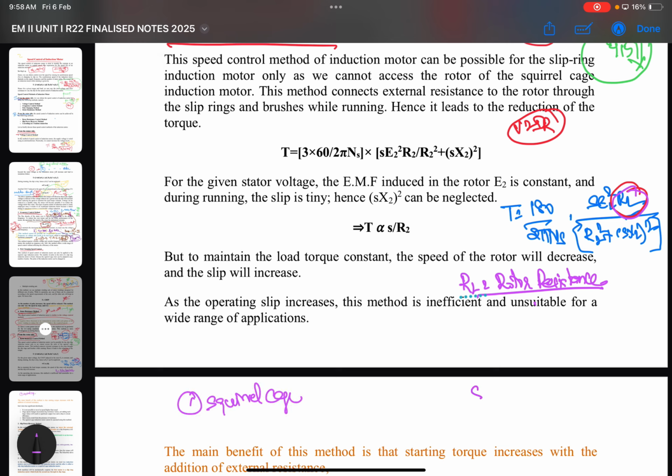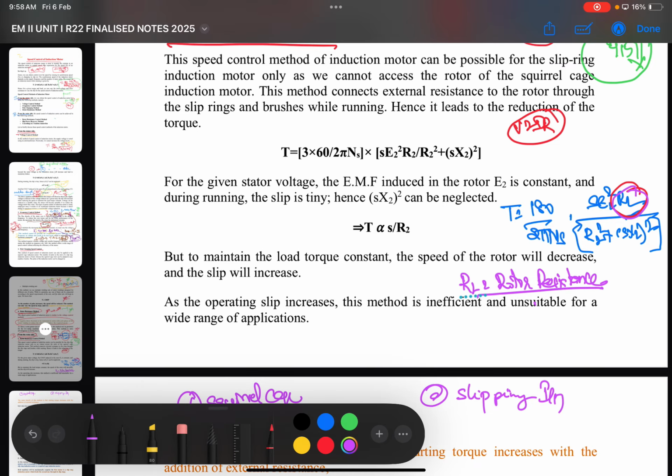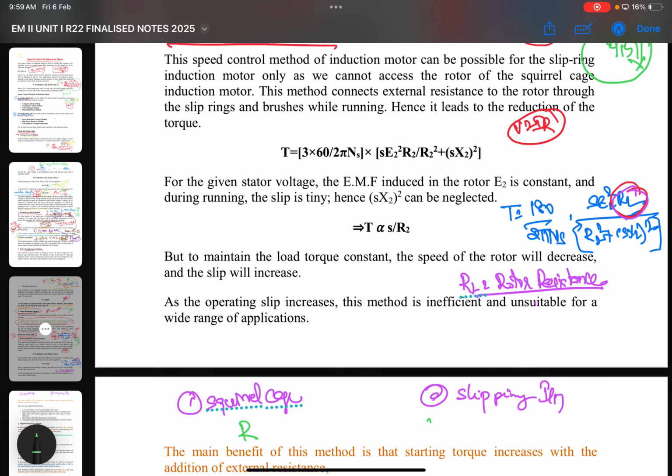Second one is slip ring induction motor. In squirrel cage, there is no provision to add external resistance. There is no provision to add R external. Whereas in slip ring, R external can be added here.